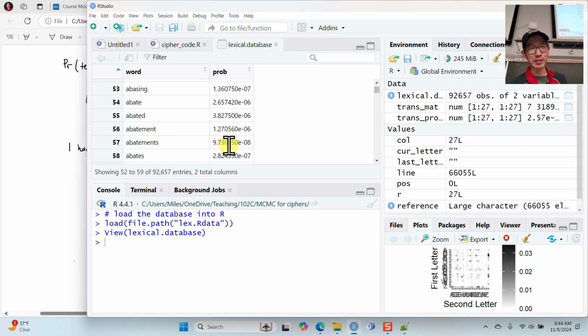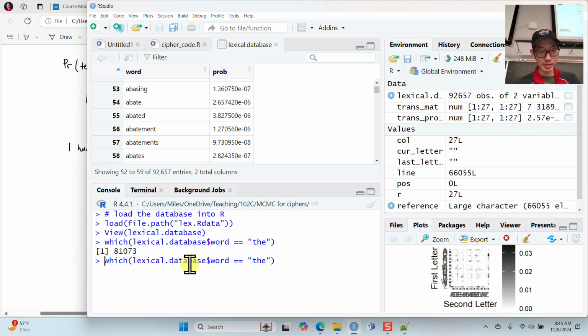So here, let me see lexical database dollar sign word, which is equal to the, 81073.